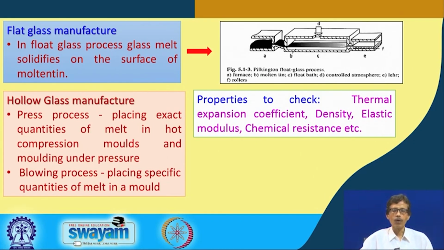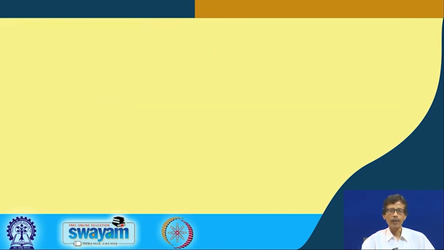We have already seen which properties we will be looking for, whether you are making flat glass, flint glass or hollow glass: the thermal expansion coefficient, the density, the elastic modulus and obviously the chemical resistance, that is, how strong they are or how they repel chemical attack.